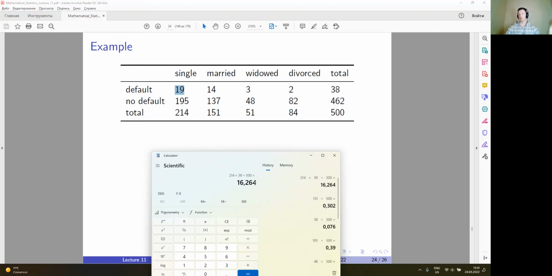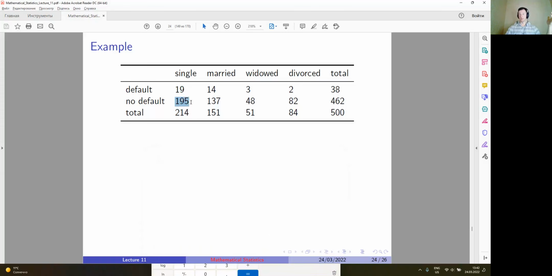So 16.26. This is the expected number of people who are single and defaulted. We do the same for every cell. We take 214, multiply by 462, divide by 500 in order to get 197.7 as the expected value for this cell count. We continue doing this for every one of these 8 cells.